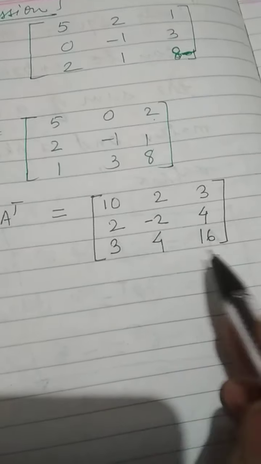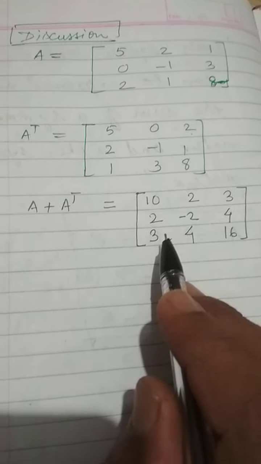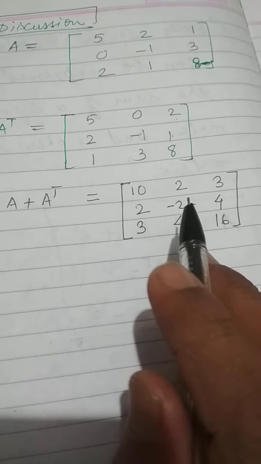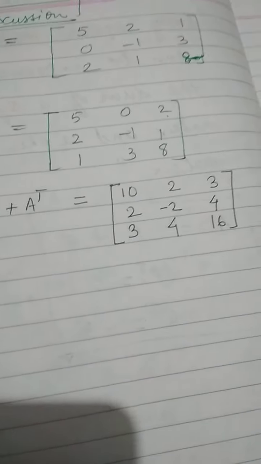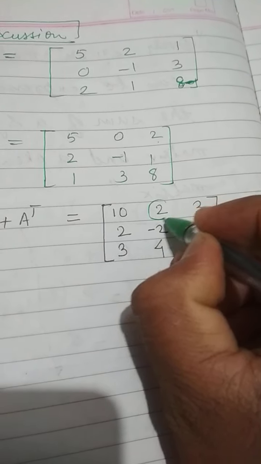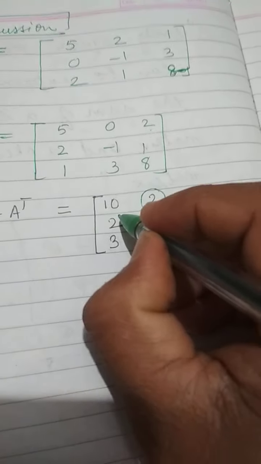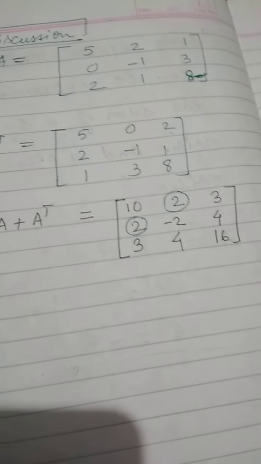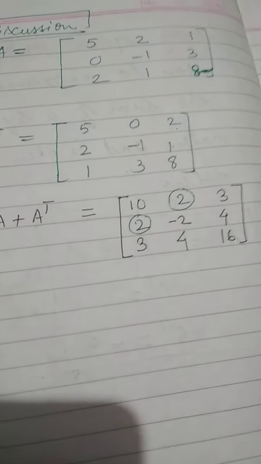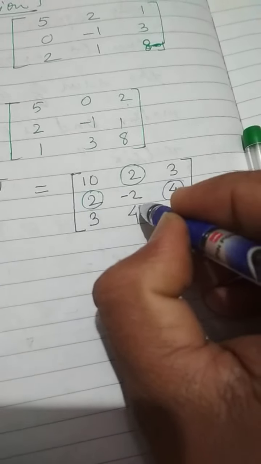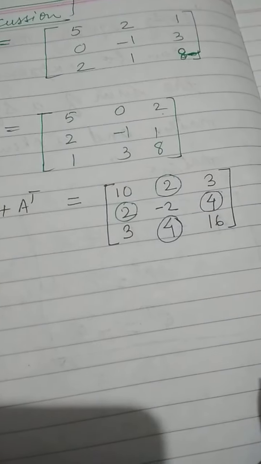So this is how we have obtained A plus A transpose. We can see that this element and this element are exactly the same. Similarly, we can see that this element and this element are again the same.